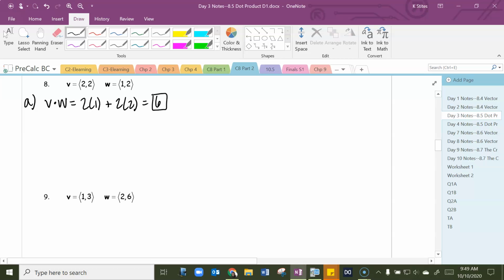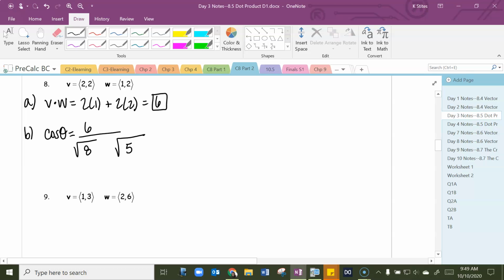Okay, so next we are finding the angle between the two vectors. And again, that's going to be the dot product over the magnitude of the two vectors multiplied together. 2 squared plus 2 squared, that's 4 plus 4, that's root 8. 1 squared plus 2 squared, that's 1 plus 4, that's 5.